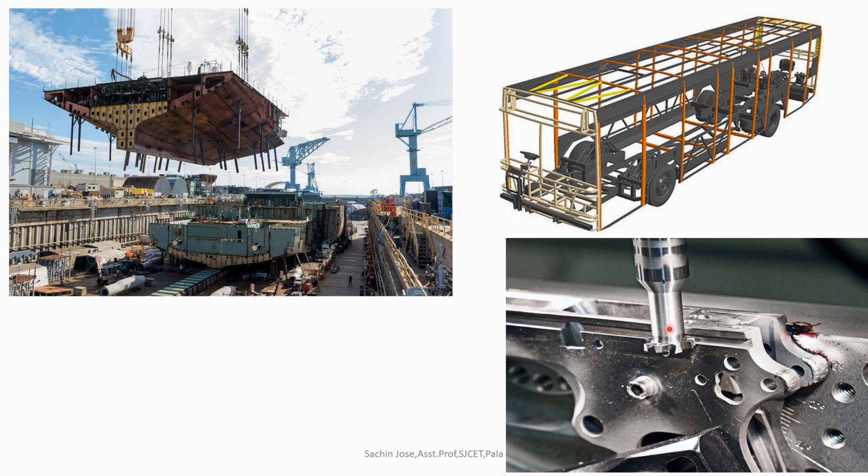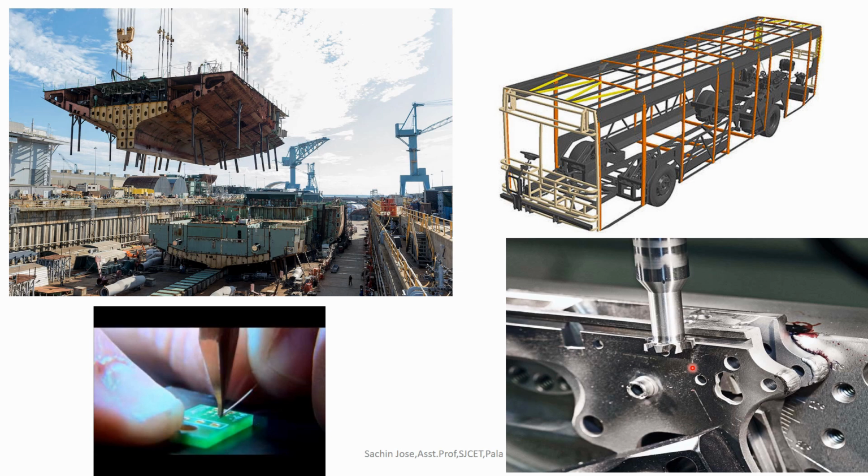And if you go into the micro side of manufacturing, this is a part of a pistol. So you can see welding at a micro level, part of a pistol, and welding at a micro level.